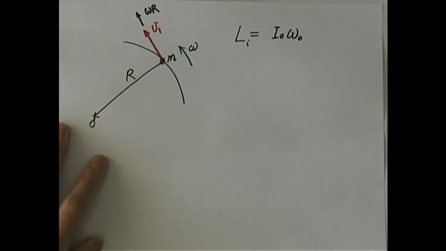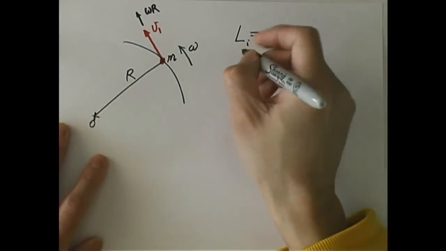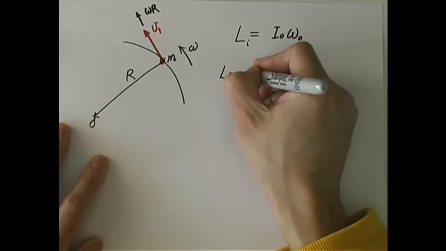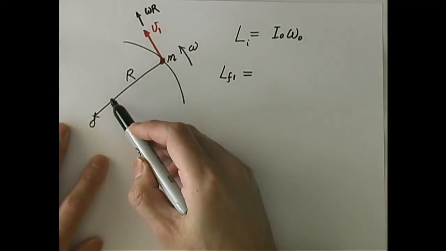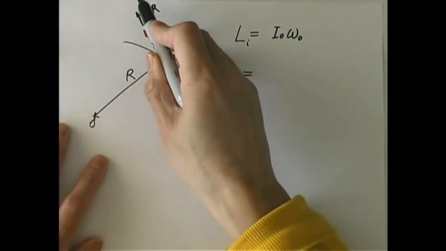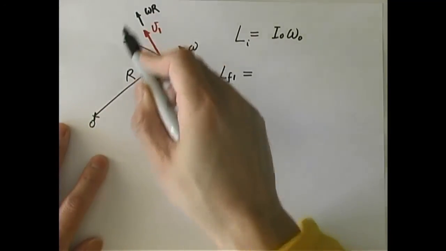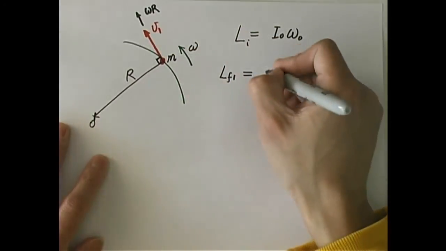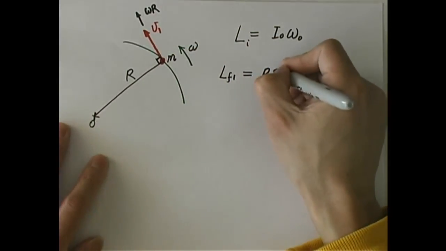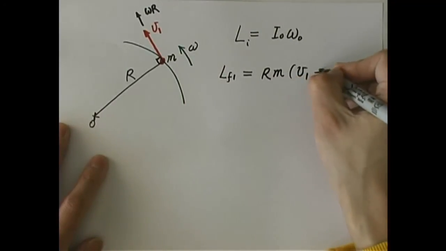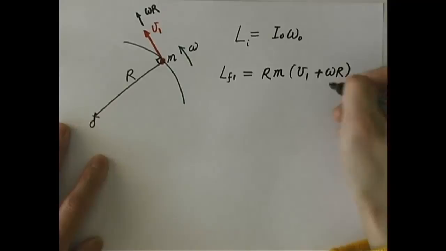Okay, so for the child, I have L final 1 for the child, okay, is equal to, what is the magnitude of the angular momentum for the child? R cross mv, R and mv, the angle between them, 90 degrees. Okay, so it's just R times m times v, and v is, of course, v1 plus omega r, right?